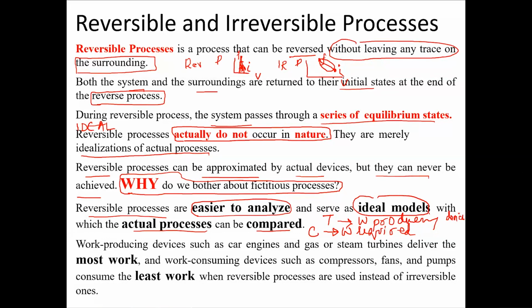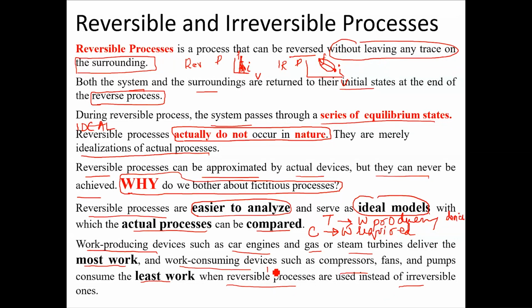So the work producing devices such as car engines, gas and steam turbines, they deliver the most work, that is maximum work, and work consuming devices such as compressors, fans, and pumps, they consume the least work when reversible processes are used instead of irreversible processes.